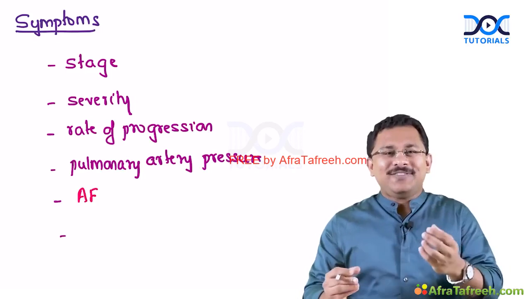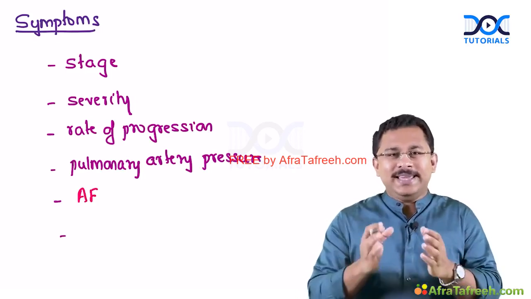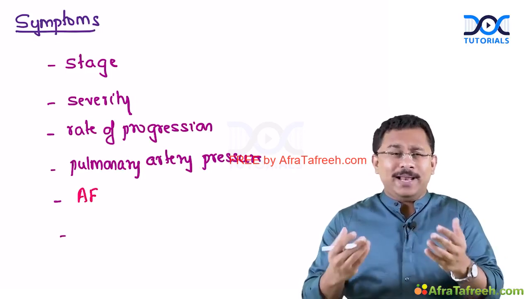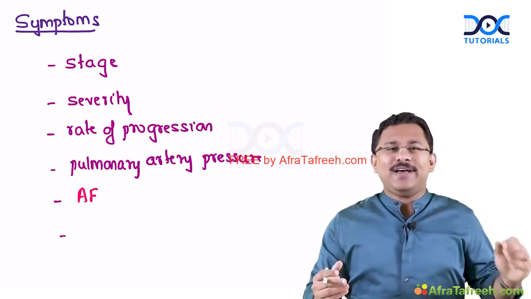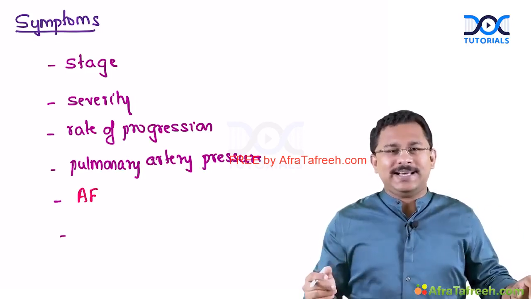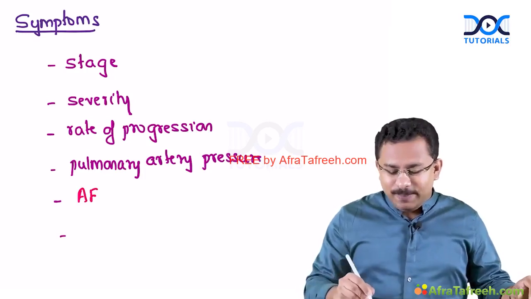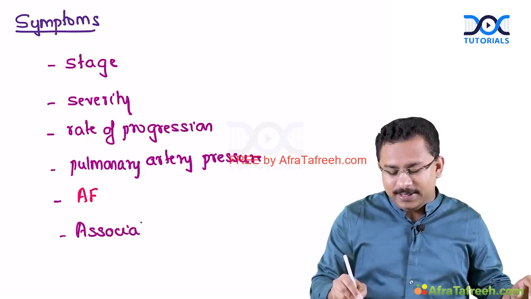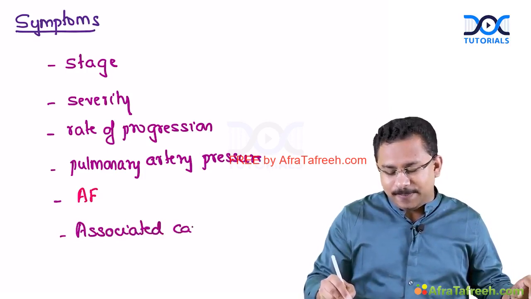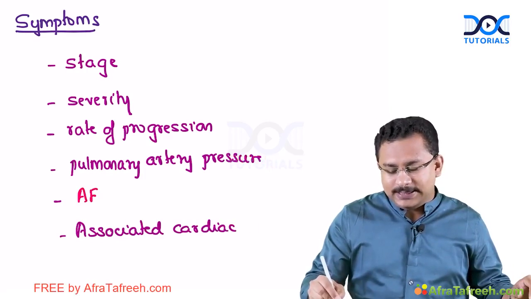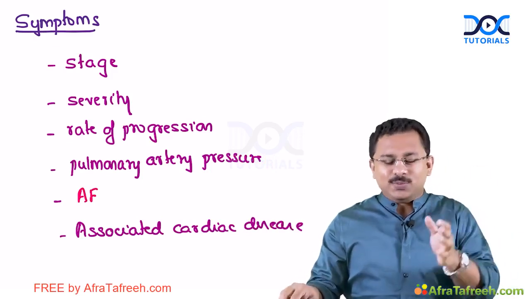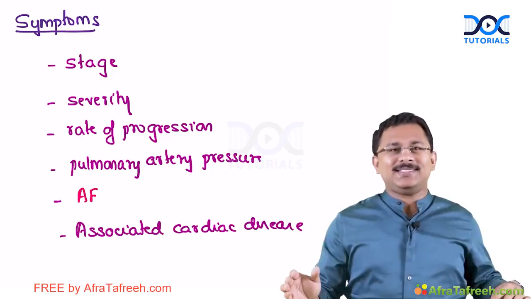When you have such arrhythmias, you will have features of those arrhythmias, maybe palpitations, plus you can have features of decompensation as well. Also the symptoms will depend on whether the patient has any other associated cardiac disease. So the symptoms will depend on all these factors.